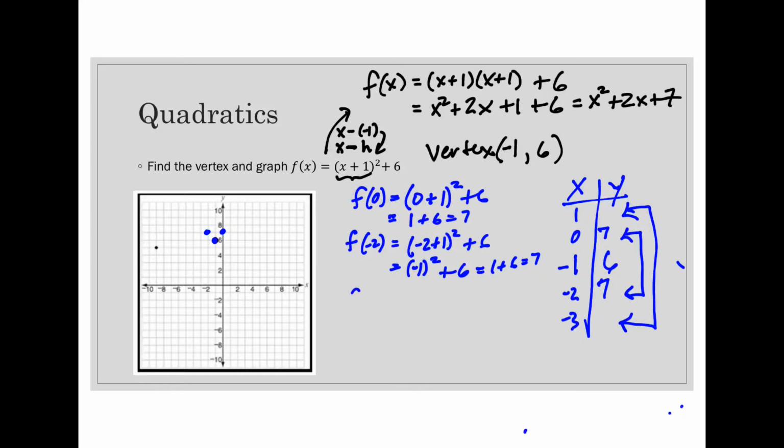So as I go to find f of 1, I know that f of negative 3 should be the same thing. 1 plus 1 squared plus 6. So that's 2 squared plus 6, which is 4 plus 6, which is 10. So 1 gives me 10. I can assume negative 3 will also give me 10. So (1, 10), (negative 3, 10). There we go.